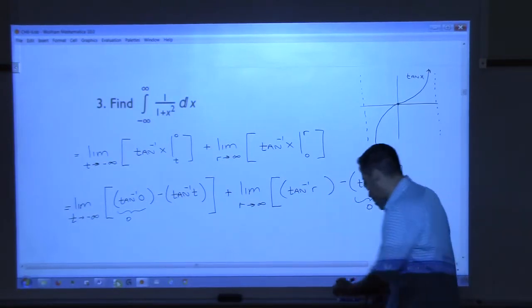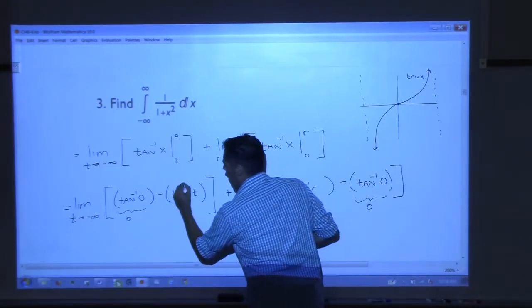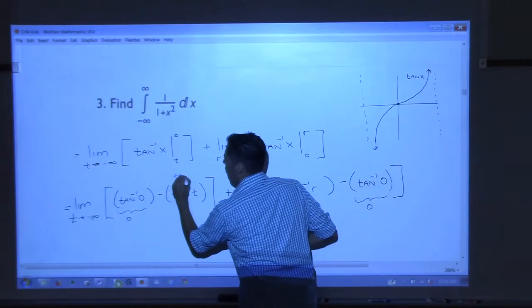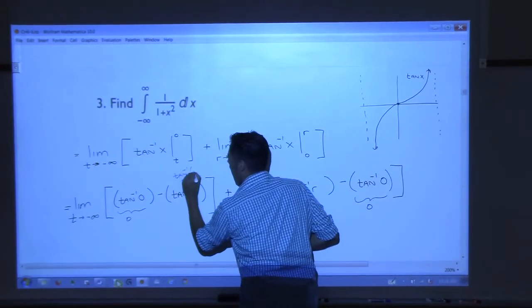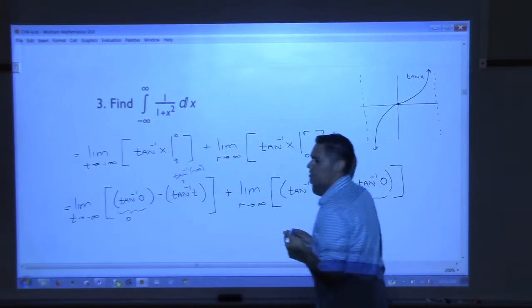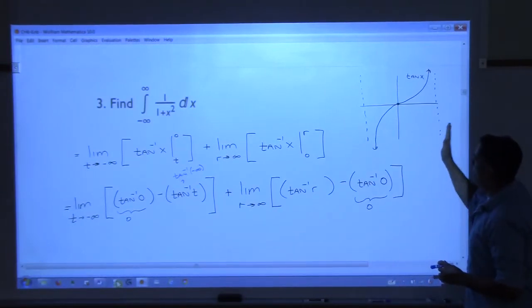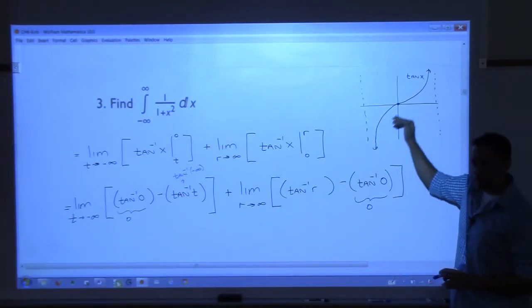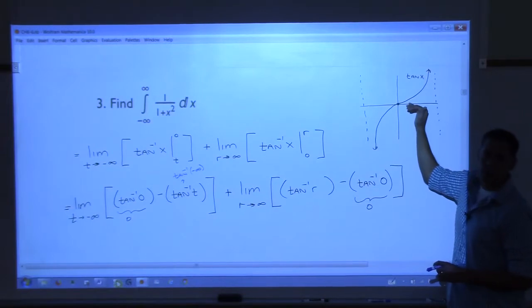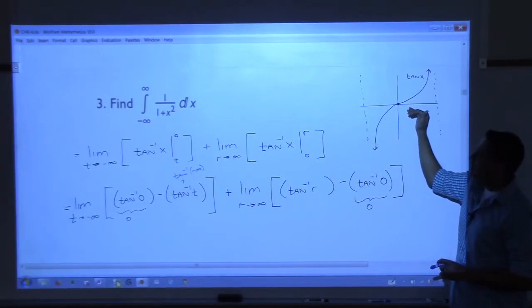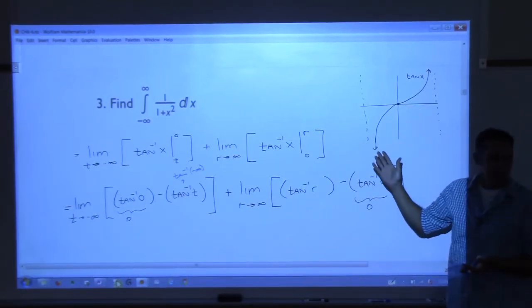When we say arctangent of infinity, that's really what we're about to do here. We're about to say arctangent of negative infinity. What we're really saying to ourselves is, at what x-coordinate is our y-coordinate negative infinity? So it never really gets to negative infinity, does it?